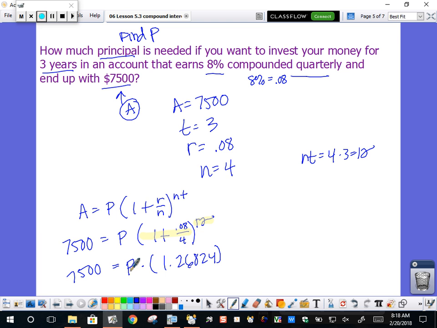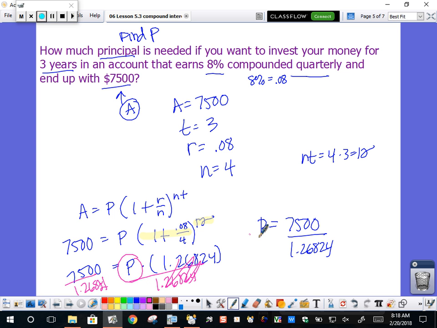Okay, so we're trying to solve for P, so we need to divide by this number over here. So to solve for P, you're going to have 7,500 divided by 1.26824. Okay, look at the equation. If I divide both sides by 1.26824, this part over here is gone, and P is equal to this over here.